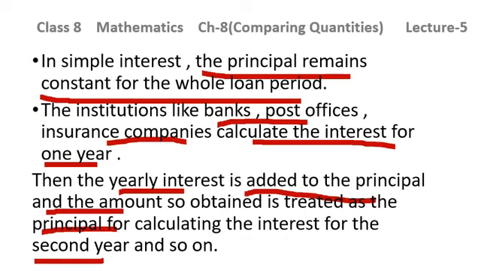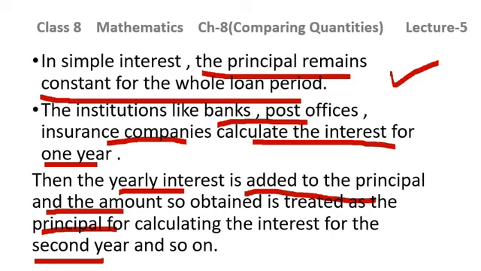The point to note is that in simple interest, the principal remains constant for the whole loan period. I hope this is clear to you. As in the example of rupees 5,000 borrowed for 10 years, your interest will be calculated on 5,000 rupees only. But in the practical scenario, institutions like banks, post offices, insurance companies do not calculate the interest like this.